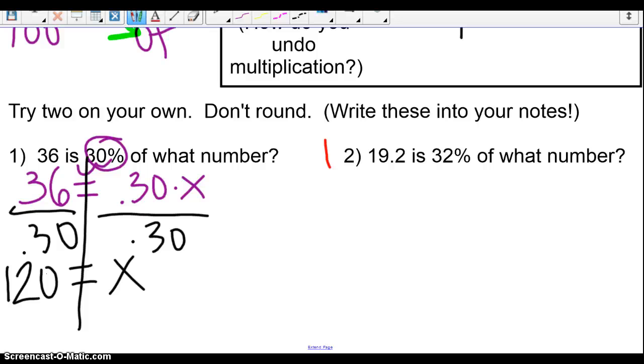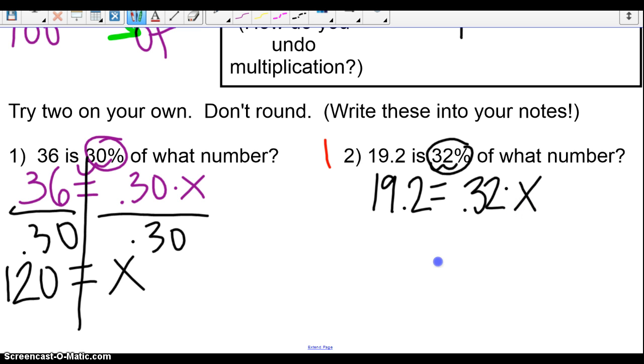All right, over here, 19.2. So translate that. You just rewrite it. 19.2 is 32%. Can you use it like that? No. 0.32 of what number? X. All right, so let's go through. Last thing we got to do, undo the multiplication, solve it.